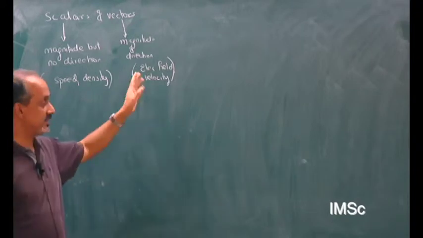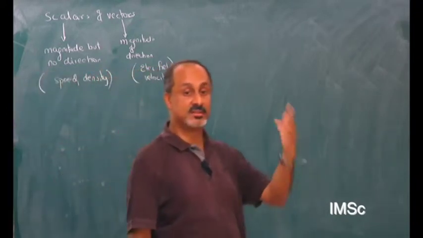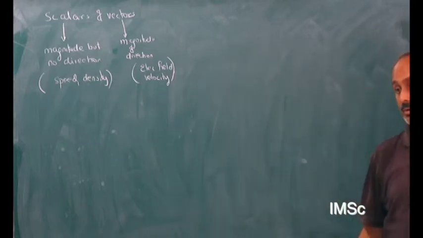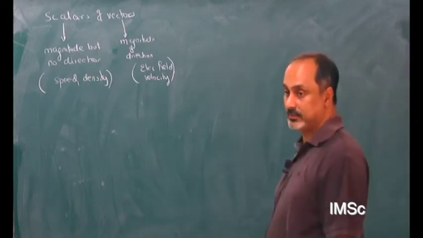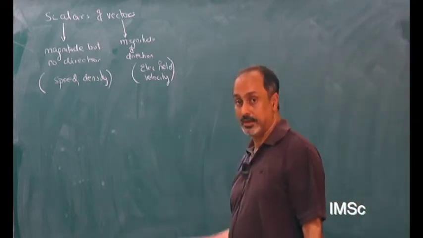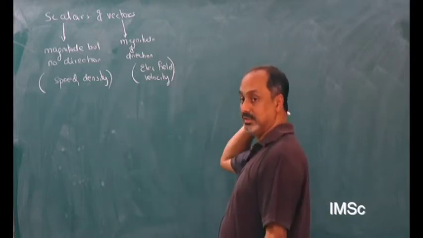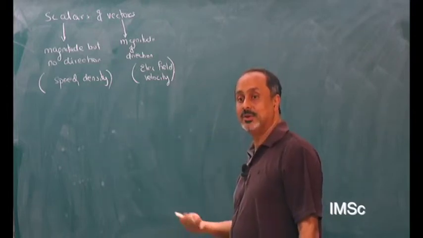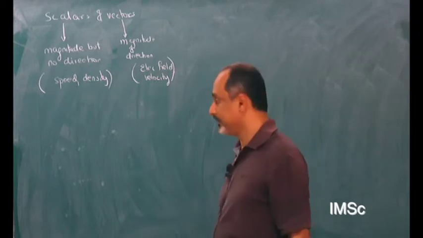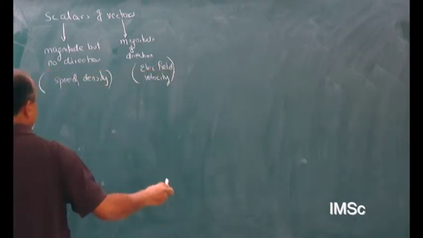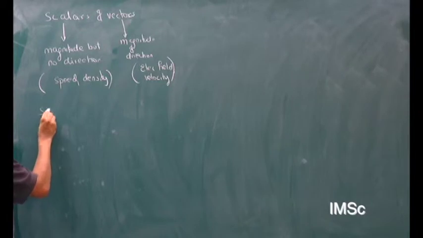Or I can say the car in front of IMSC was moving towards the main road at a speed of 20 kilometers per hour, in which case I have given it a direction, whereas earlier you did not have that information. Okay. Now quantities such as rho of x and t are what are called scalar fields.